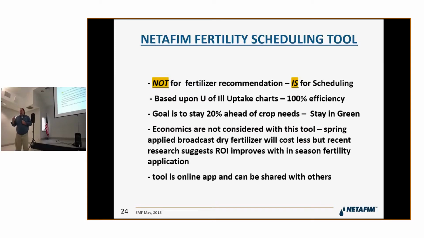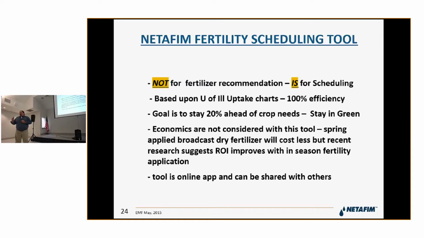Economics wasn't considered in the tool. So what I mean by that is I can front load a whole bunch of dry fertilizer up front, and it'll cost me less. But is that as available to the plant as an application through the drip system?